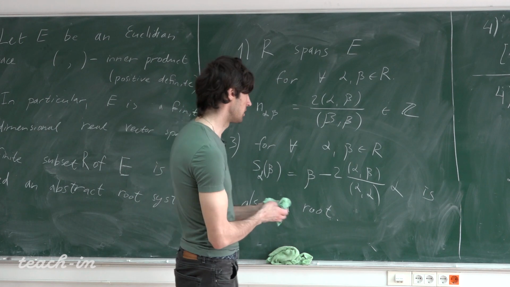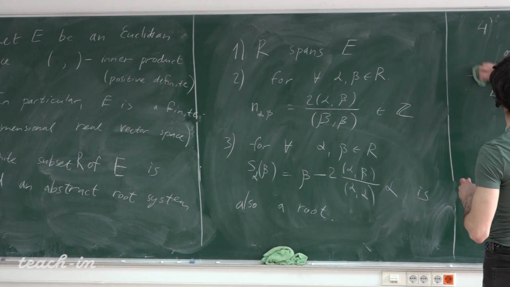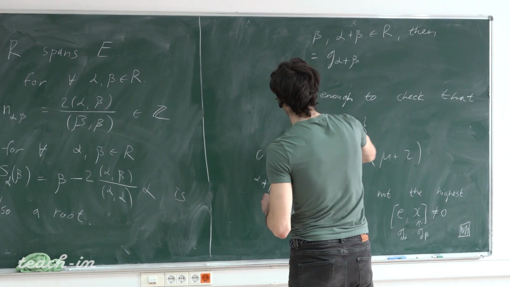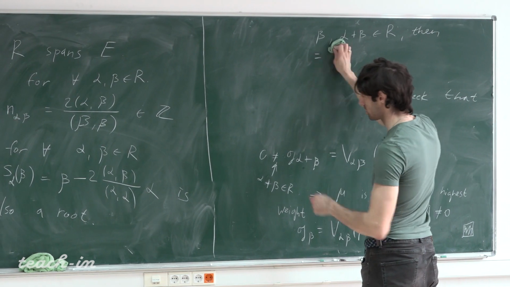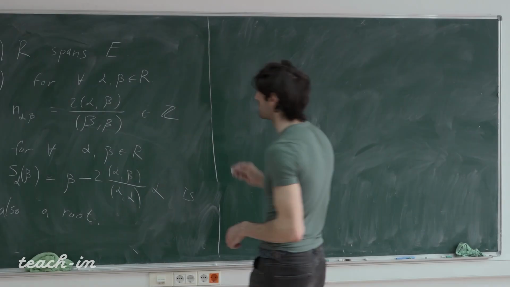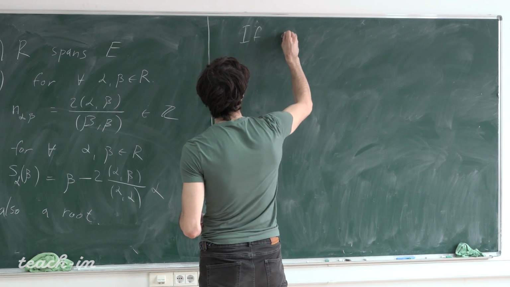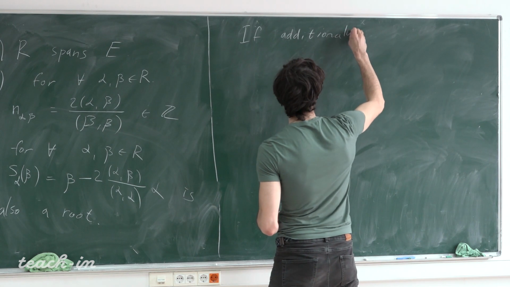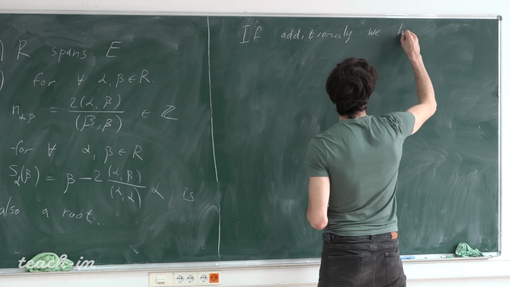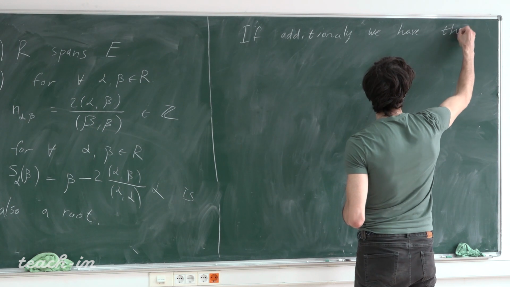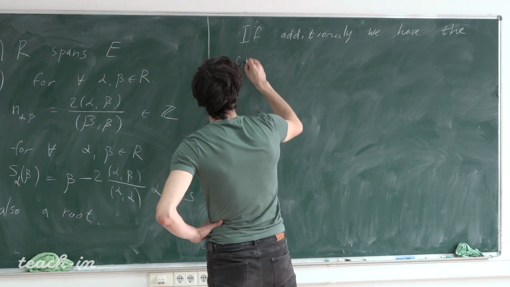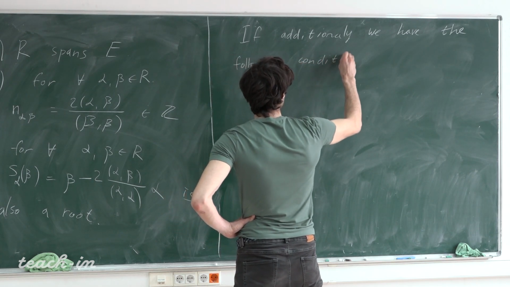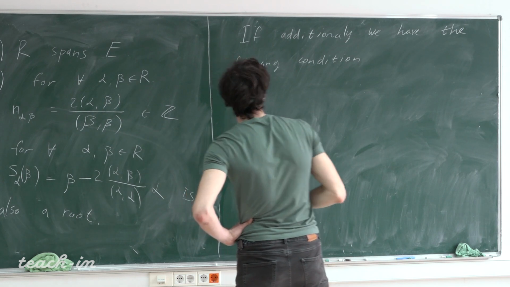So if additionally I have a fourth thing, so by tradition I write something fourth on this board, right? So if additionally we have the following condition, let's call it number 4.